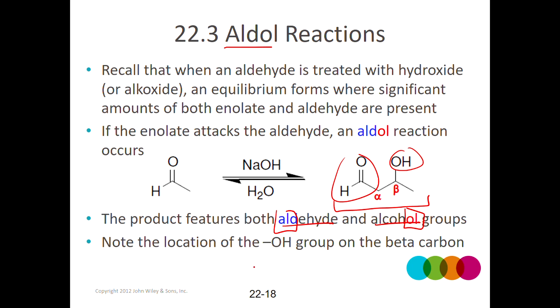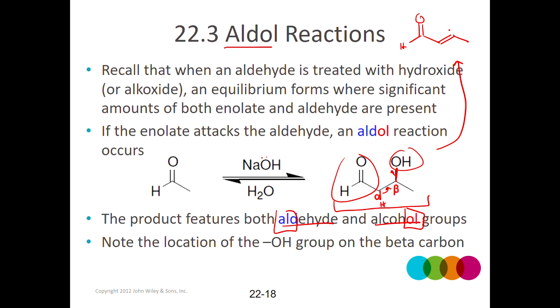If you're trying to identify whether or not this reaction has occurred, one thing you can look for is an OH group 2 carbons away from the carbonyl, or beta to the carbonyl. What we're also going to see in a minute is that sometimes, if there's another alpha proton still there, that alpha proton might be picked off, and it might push out this OH group. So you might also end up seeing something like this.